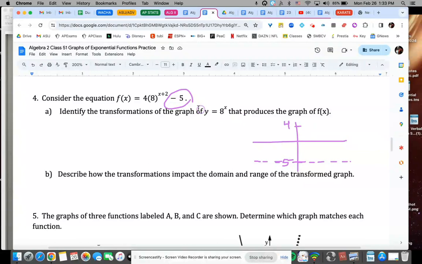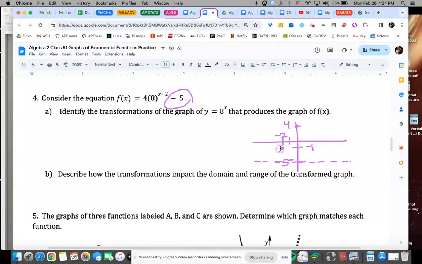Normally I would have started at 4, like up here at +4. But because of the +2 and the -5, this point wherever it was is going to shift left 2, and it's going to move down 5. So I got to go over 2 to the left and down 5. That's going to end up at -1 in the y direction and -2 in the x direction.